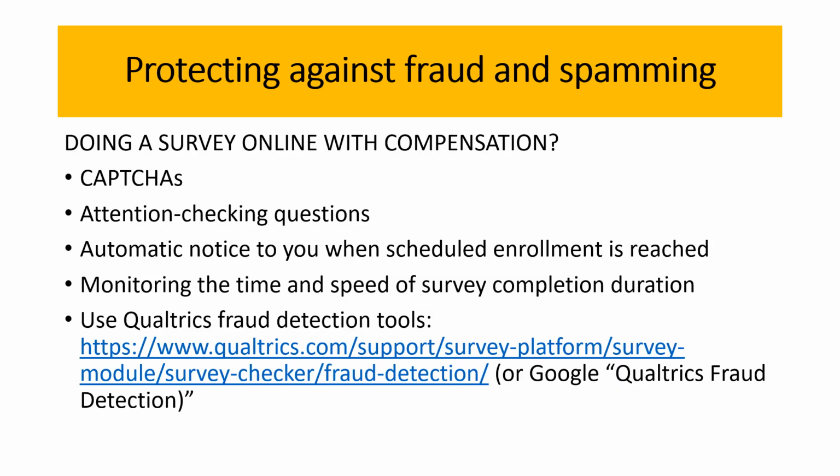Use of CAPTCHAs, attention checking questions, adding an automatic notification to the researcher when a certain number of responses are received, and monitoring the time and speed of survey completion duration can be helpful in preventing and detecting fraudulent responses and or over-enrollment. Qualtrics fraud detection information can be found at the link in the slide, or you can just Google Qualtrics fraud detection.